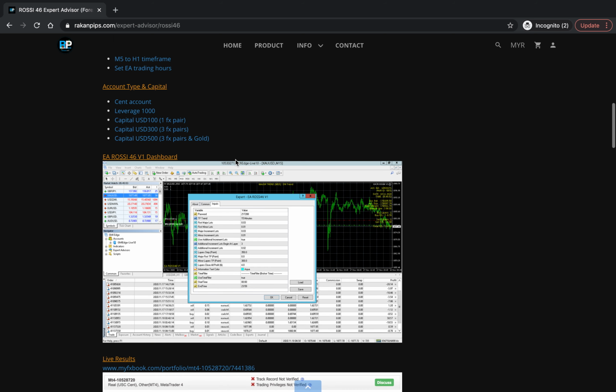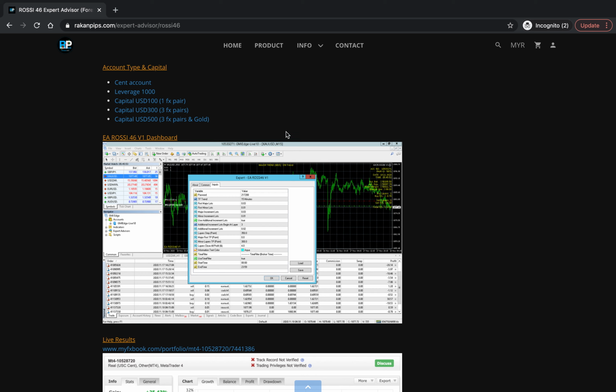And we recommend this EA to be used only in a cent account. You can try to use it in a micro account, but you need a capital as high as 2,000 US dollars or more. Of course, if you have a capital of 5,000 or 10,000 US dollars, yes, you can use it with micro.